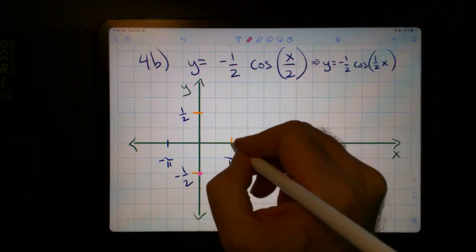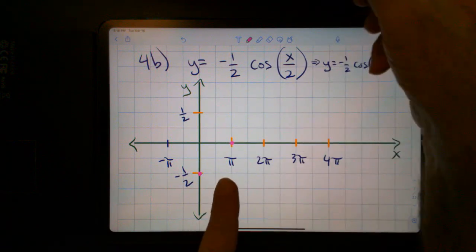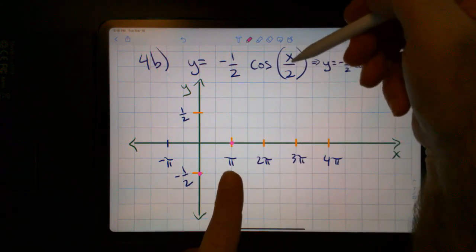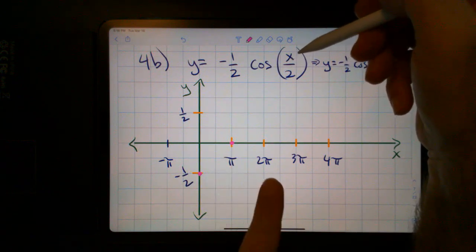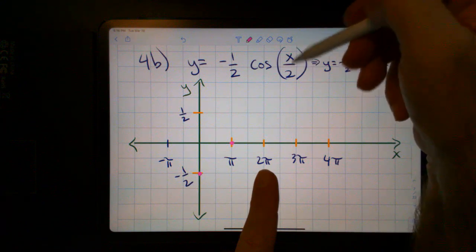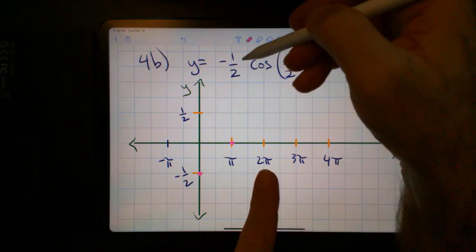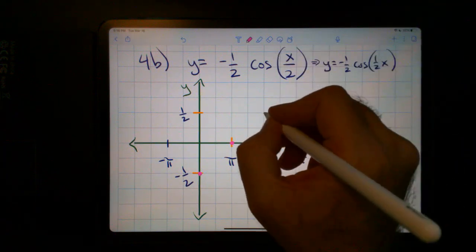And then when x is pi, cosine of pi over 2 is 0. And then when x is 2 pi, 2 pi over 2 is pi, cosine of pi is negative 1, but negative 1 times negative 1/2 is positive 1/2.